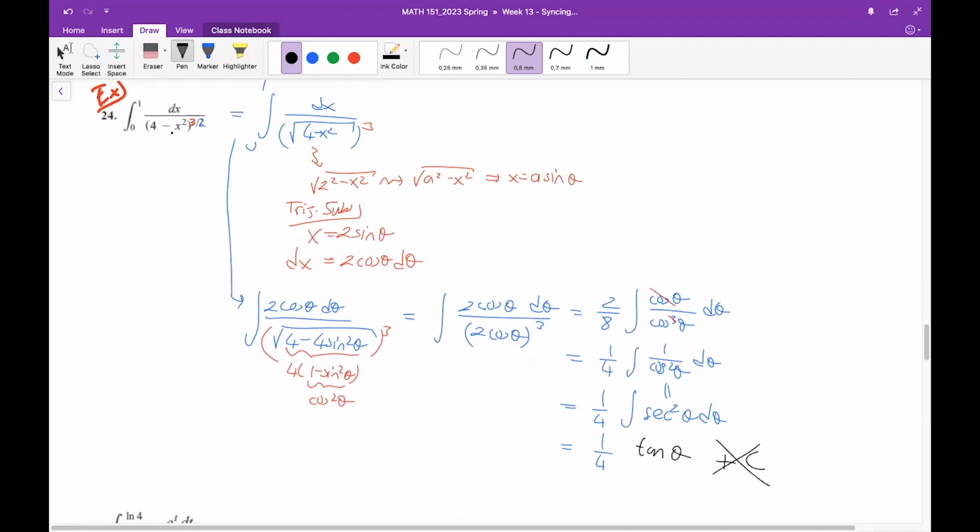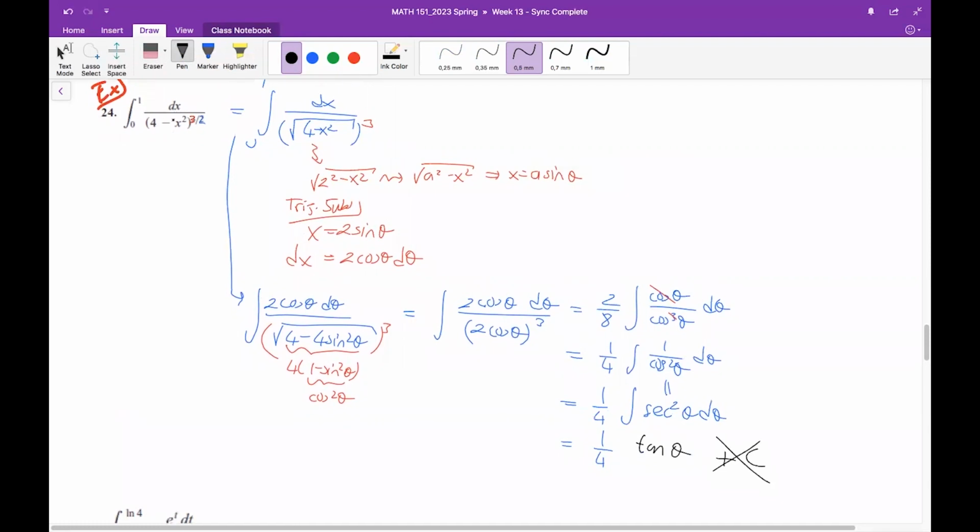Now, after I turn back to the original variable, I can insert these boundaries, or you can transform the boundaries for x to theta. This choice is up to you. For example, after this line here, by looking at your substitution, you can decide the new boundaries. Like if x is 0, which is the lower bound, what is then theta?